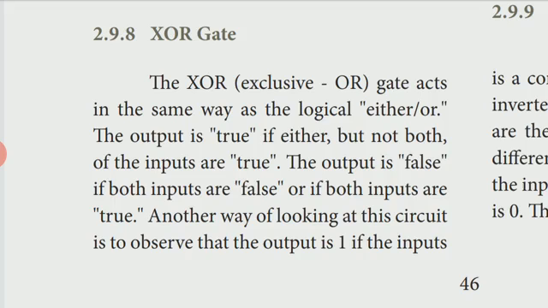That is, any one input is true, the result is true. If all the inputs are true, or all inputs are false, both times you will get the answer as false.